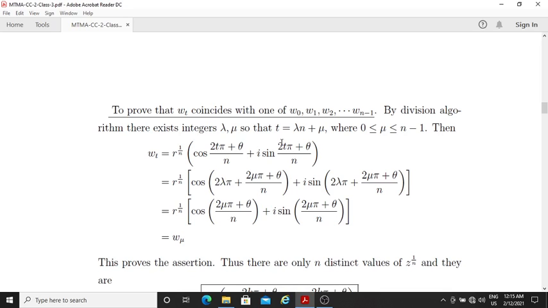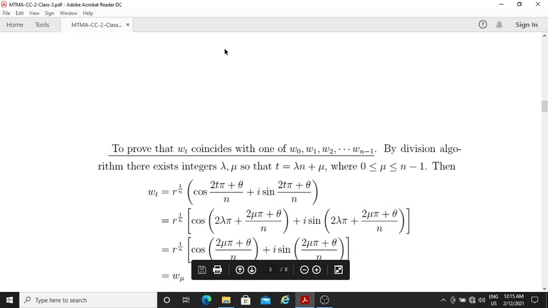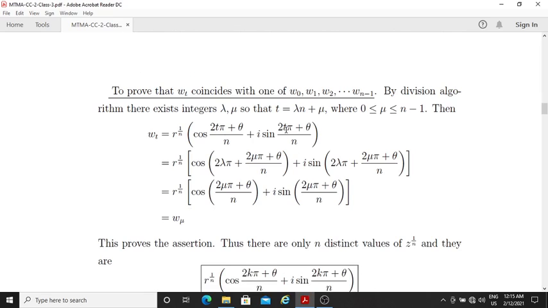You just put the value of t in this fashion, and it turns out that wt is w mu, where mu is lying between 0 and n minus 1, and w mu definitely belongs to the set from w0 to wn minus 1. So for any value of k equal to or more than n, the corresponding value of wk will be one of the values w0 to wn minus 1.